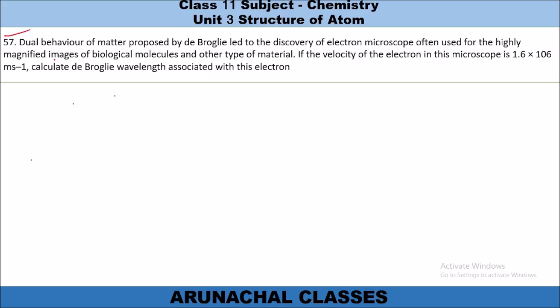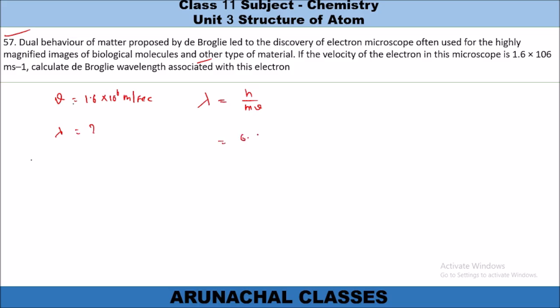The dual behavior of matter proposed by de Broglie led to the discovery of the electron microscope, often used for highly magnified images of biological molecules and other types of materials. If the velocity of the electron in this microscope is 1.6 multiplied with 10 power 6 meter per second, calculate the de Broglie wavelength associated with this electron. So de Broglie wavelength is given as lambda equal to h upon mv.